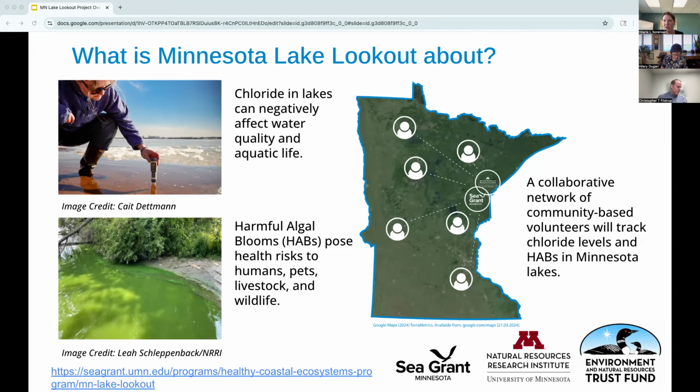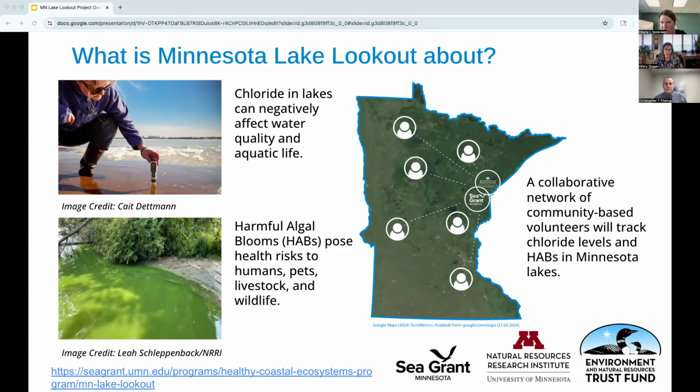So there are a lot of unknowns here. And this unpredictability makes it difficult for agencies and research entities to make it out to take water samples, particularly in more rural areas. So this is really where the power of people comes in, the power of community.